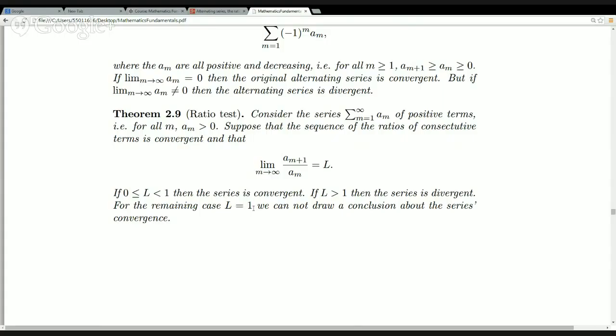Well, if you're looking at a general series and the limit of the ratio of consecutive terms has a limit L, then what it's saying is approximately this series is behaving like a geometric series with common ratio L. When we were discussing geometric series before, we referred to that common ratio as r, but here it is with L playing the role.